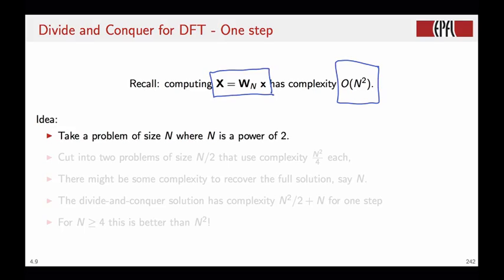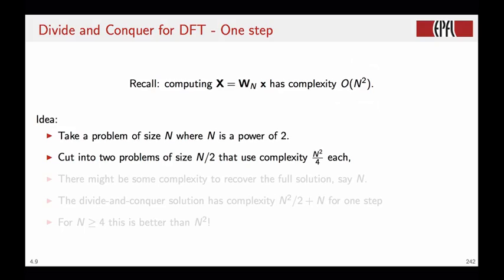Okay, we're going to study the problem when n is a power of 2. And we cut the problem into two problems of size n over 2. And if the complexity is quadratic, then the problems of size n over 2 have complexity n squared over 4. We might have some complexity that is involved in recovering the full solution.